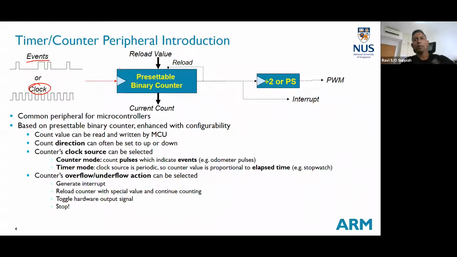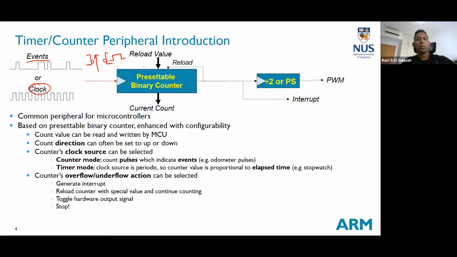For example, if I have a doorway and I want to see how many people are passing through, I can put an IR sensor or some other sensor, and whenever the sensor is triggered when somebody walks through, I will generate a pulse, and that can automatically increment or count, keeping track of the count through my timer. So events or clocks can be used to increment or change the counter value.